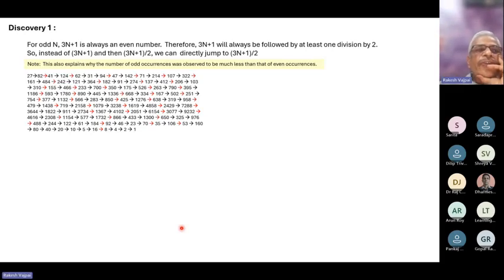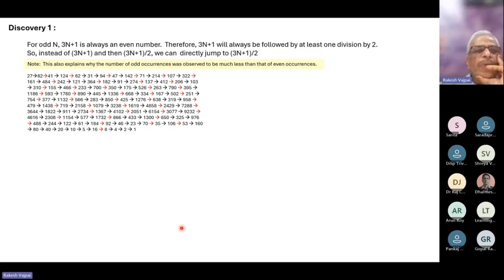So the very first thing was that if you look at these problems, if you look at the number 27, 82, 41, you'll find that every time an odd number is converted, the moment you convert odd by 3n plus 1, you get an even number.